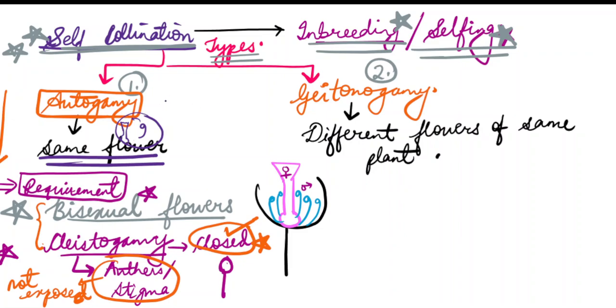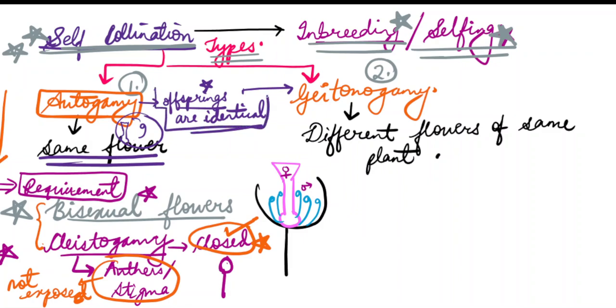So here the offsprings will be identical, genetically identical, because there will be no variation. Even in cleistogamy, this will be the same scenario. There also the offsprings are identical.